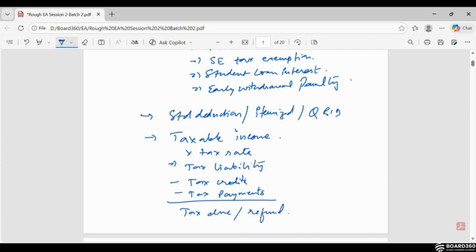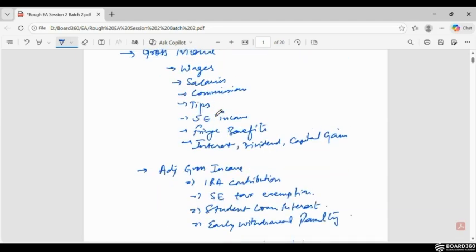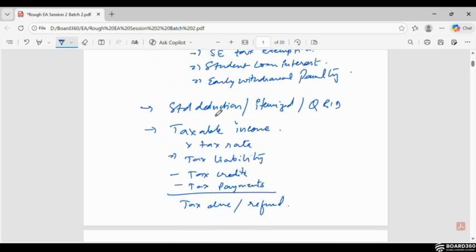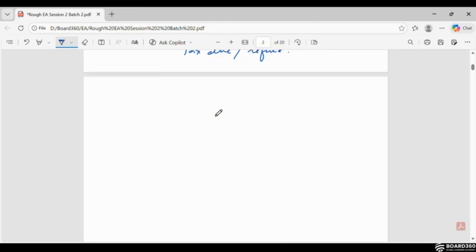Okay. So we will be discussing all of these one by one in detail, but this is what taxable income is all about.